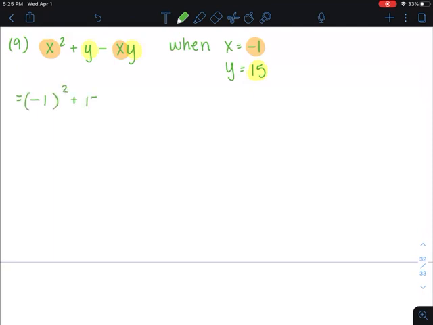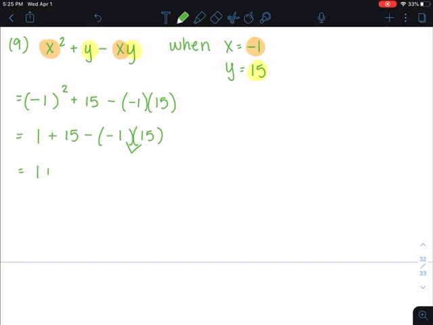So now I have -1 squared plus 15 minus -1 times 15. Alrighty, so first, there's nothing to simplify inside any of the parentheses. Then comes exponent, so -1 squared is -1 times -1, which is +1. I'm going to write the rest of my problem out beside it.